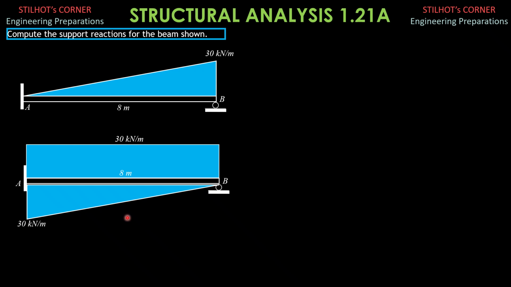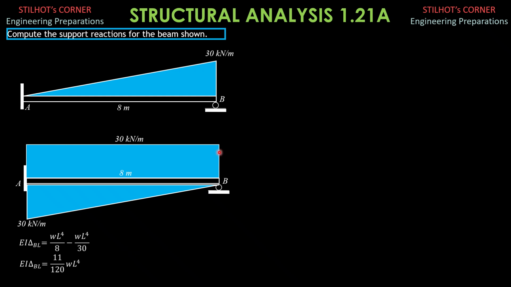Therefore, the net downward deflection is equal to WL to the fourth over 8 minus WL to the fourth over 30. So EI delta B due to the load is WL to the fourth over 8 minus WL to the fourth over 30. And simplifying, that is equal to 11 over 120 WL to the fourth.